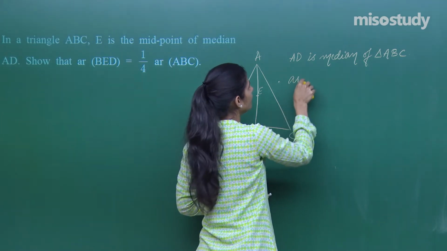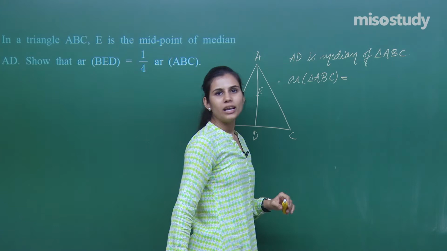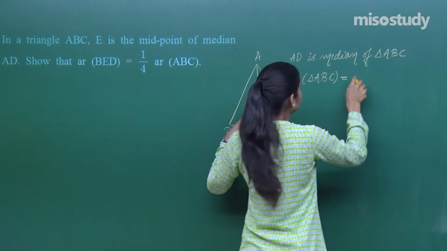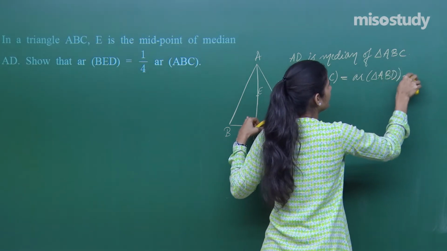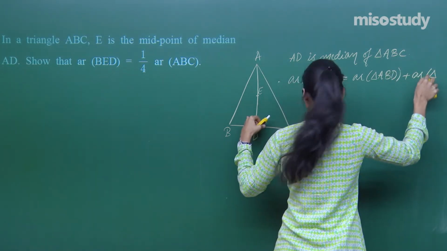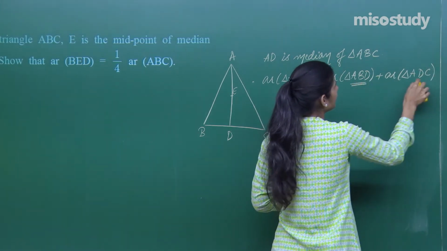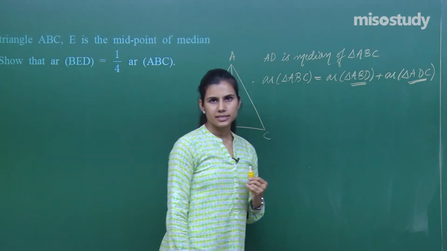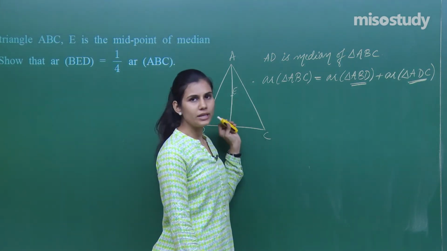and therefore area of triangle ABC, first of all I can write it as area of triangle ABD plus area of triangle ADC. But area of triangle ABD is same as area of triangle ADC by the result, because the two triangles in which this median is dividing the bigger triangle are equal in areas.